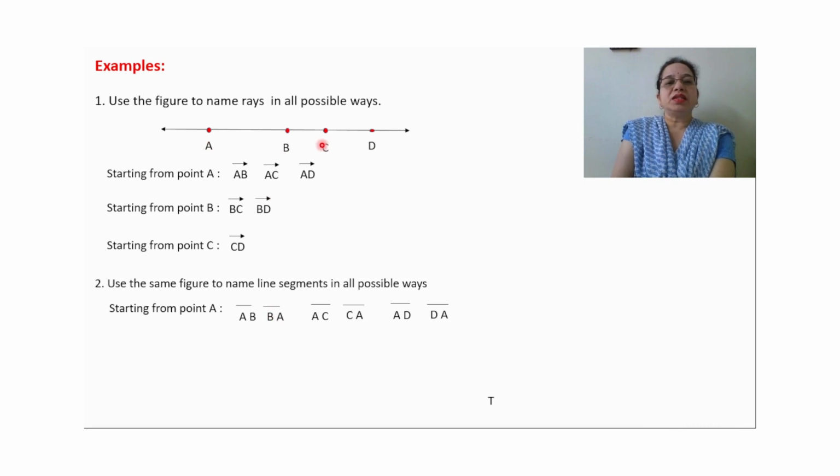With AC you can write CA also. With AD you can write DA also. Starting from point B, BC and BD, with the other order also. So BC and CB, similarly BD and DB. Starting from C, it will be CD or DC.